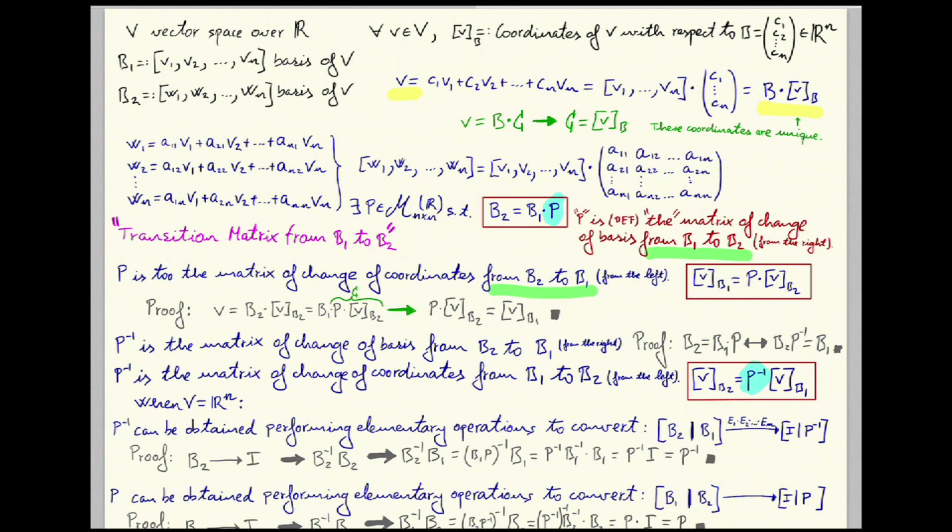And this book defines this transition matrix in the way in which I am defining here P minus 1. That's to say, as the matrix of change of coordinates. To make this more confusing, they write this explanation about the matrix of change of coordinates under the title of matrix of change of bases.